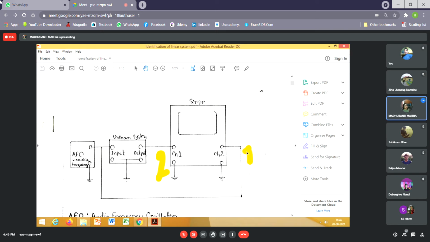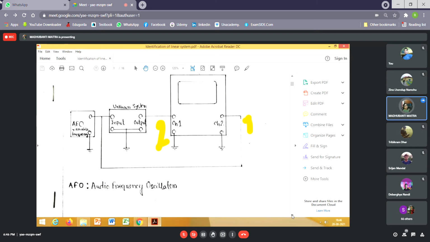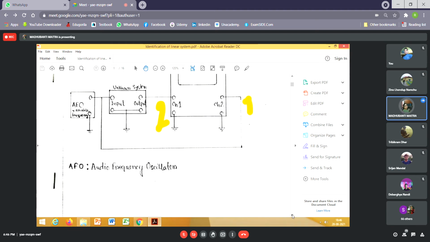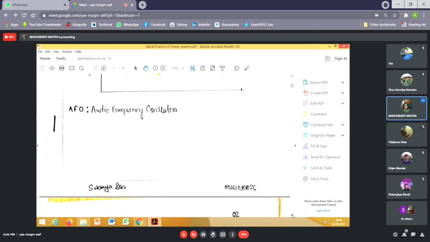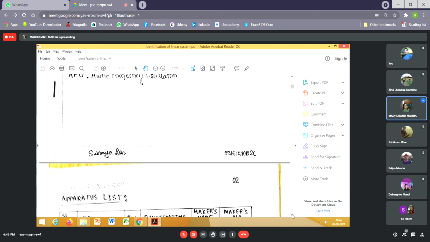I've tried to write down 1 and 2, very poorly written though. So please remember that the input to the system should be connected to channel 1 and the output should be connected to channel 2. Please refer to the diagram given in your instruction sheet.